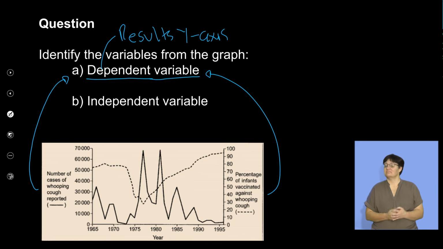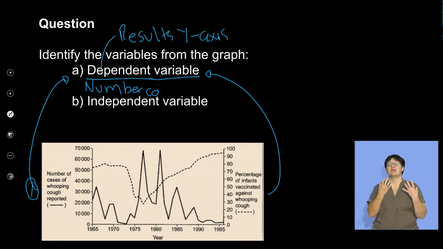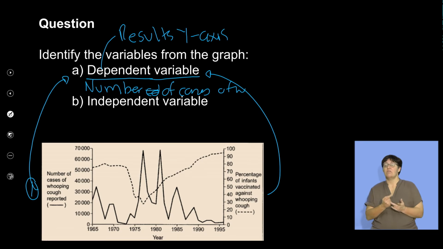Okay, guys, so as I said, we have two. So if we look at number one, I'm going to put number one on the side here, and I'm not going to write it all out, but we're going to write the whole description. Let me do it, because I can't write on this thing. Number of cases of whooping cough reported.